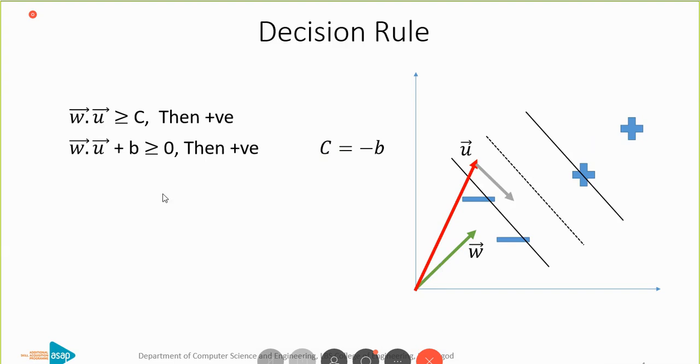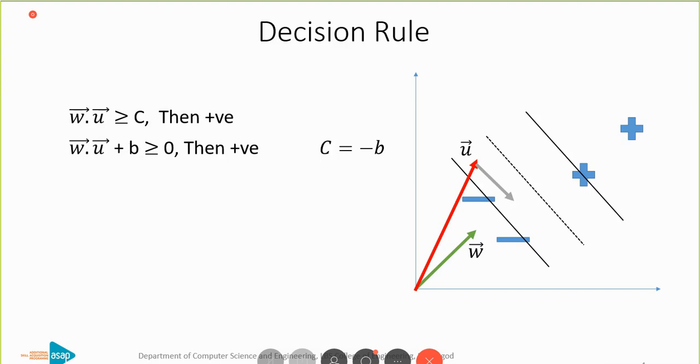Now the equation will be: the dot product of w dot u plus b greater than or equal to 0. I'm taking minus b to the other side of the equation. Then it is positive.